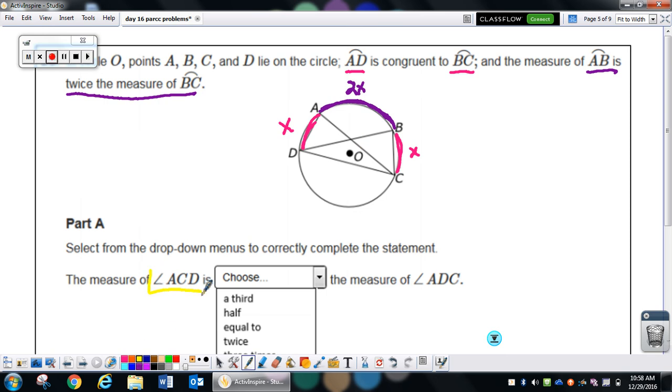So angle ACD, and we're comparing it to angle ADC. So you want to find those angles. Use the vertex part to help you. So ACD is this guy right here. Okay, so I would make a note that if you kind of extended, you don't have to, angle ACD is an inscribed angle.